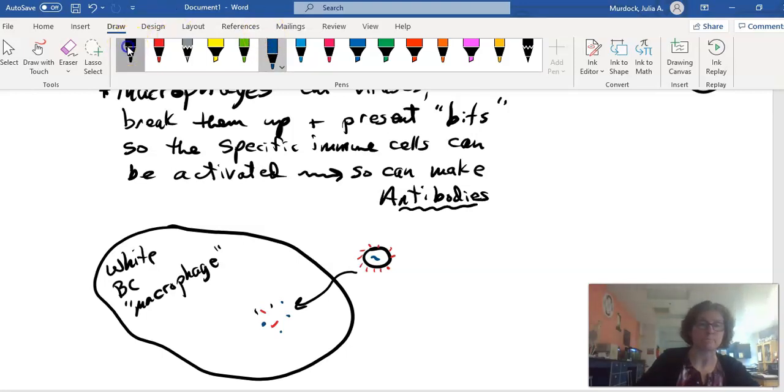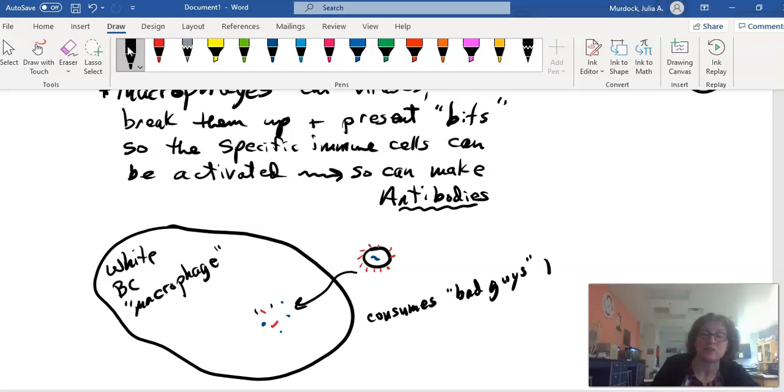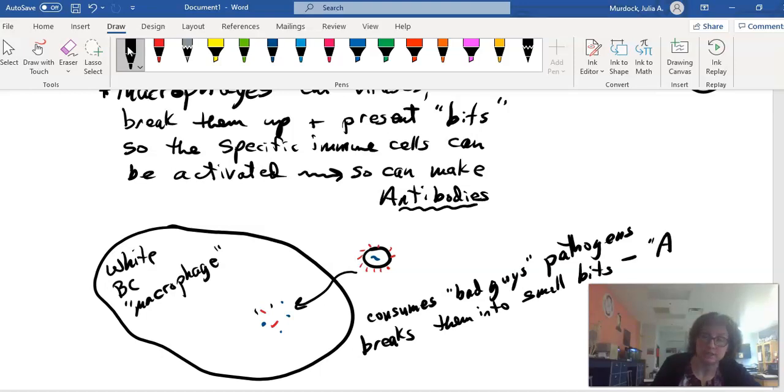The macrophage consumes the bad guys, or what we might call pathogens, fully functional pathogens, and breaks them into small bits, which we call antigens.